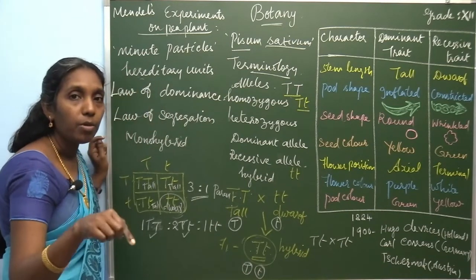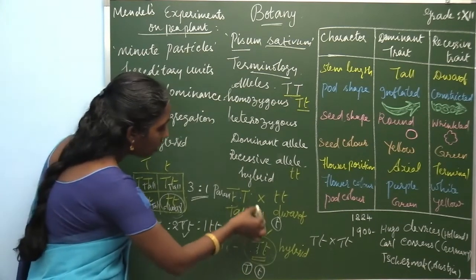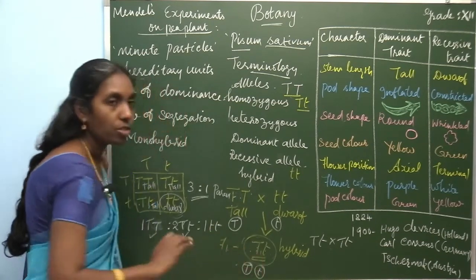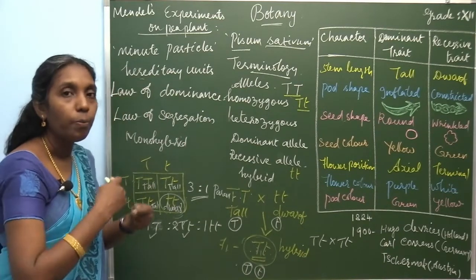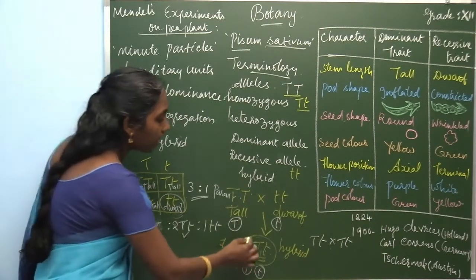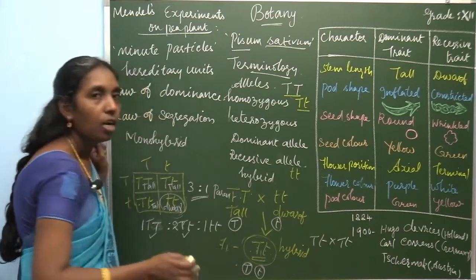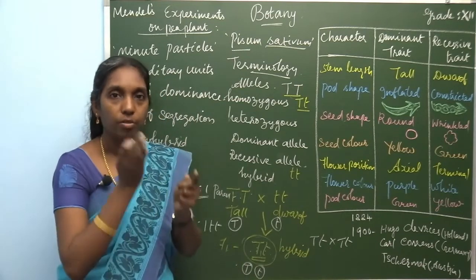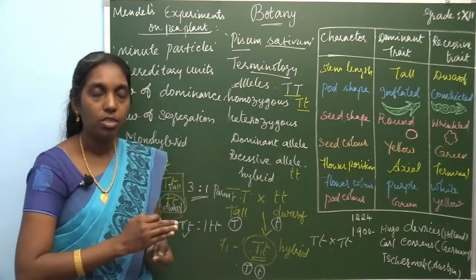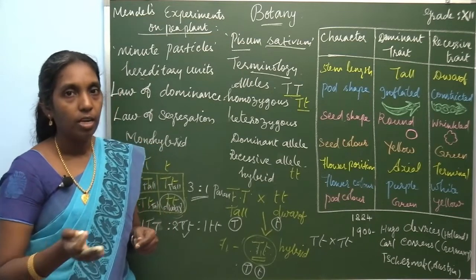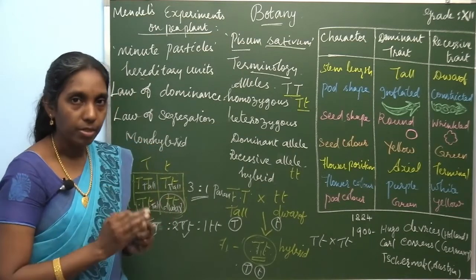So at the time of gamete formation, these all segregate. There is no blending of gametes. At the time of gamete formation, in the allele which consists of tall and dwarf, both the alleles are present.